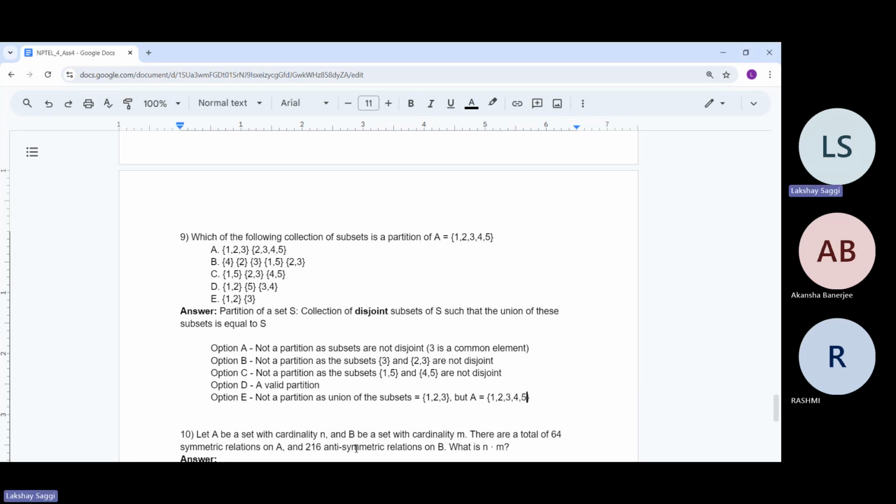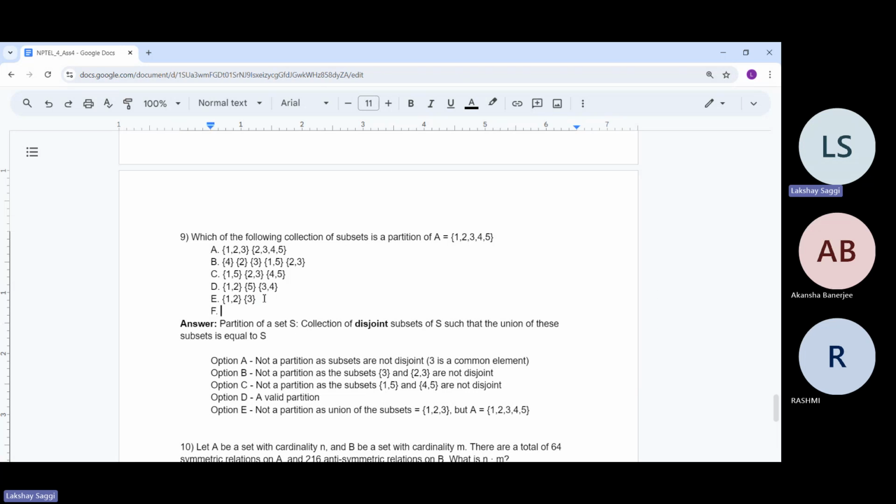Okay. And another thing which I would like you guys to keep in mind is, suppose the first subset is 1, 2, 3, and the second is 4, 5, 6. Another doubt which can arise in one's mind is, okay, these are disjoint and their union also contains all elements of A. So the union of these two subsets will be 1, 2, 3, 4, 5, 6. So will this be a partition or not?